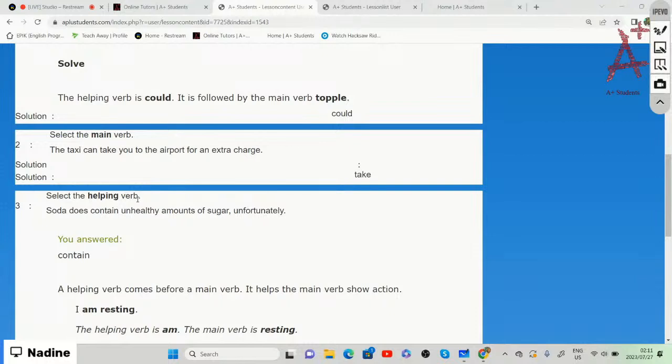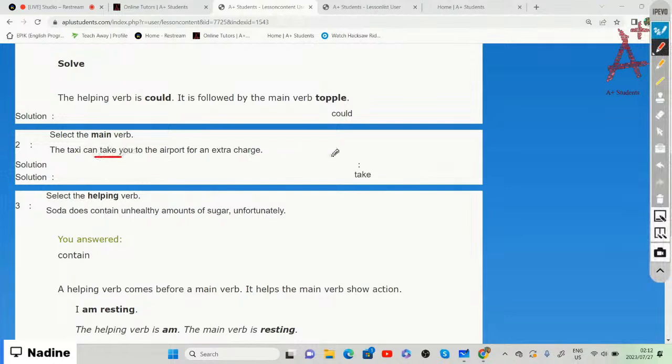And the main verb within the sentence is take. So take is the main verb. So the taxi can take you to the airport for an extra charge, take being the main verb within that sentence.